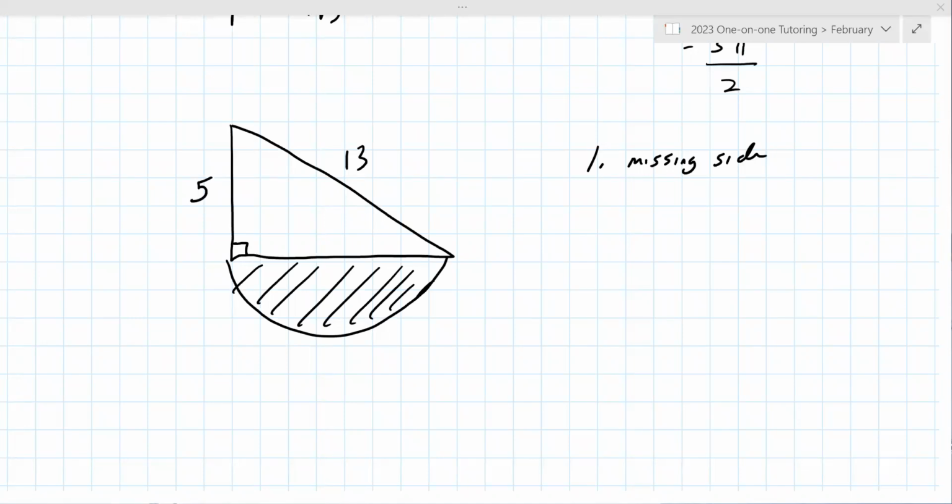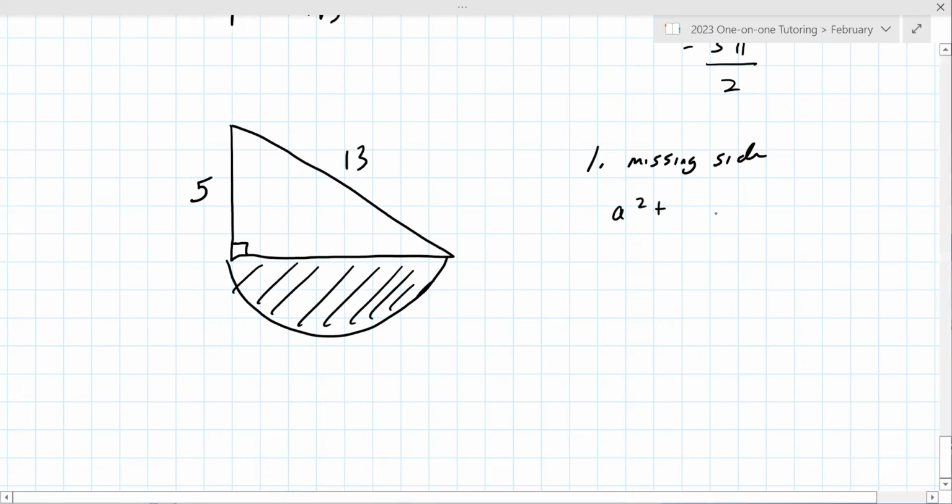So currently I have 194 equals c squared. I have to square root that, correct? It's a squared plus b squared equals c squared. A and b are the legs. Is the missing side a leg or the hypotenuse?